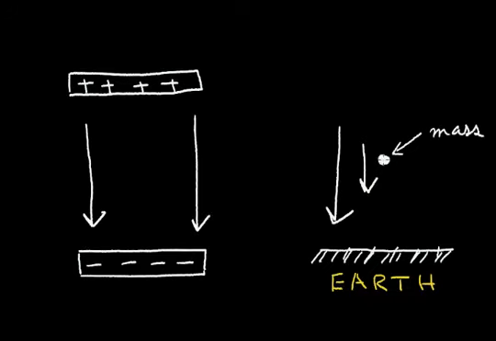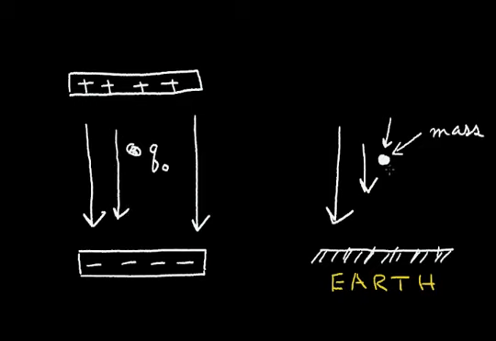Now, in the Earth's gravitational field, the force is exerted on a mass. But in the electric field, the force is exerted on a charge. And we'll call this charge Q sub 0. This is generally a very tiny charge, because if it was very big, it would influence this electric field.